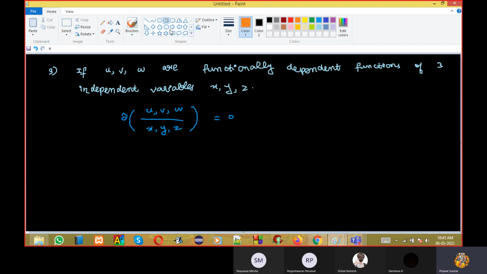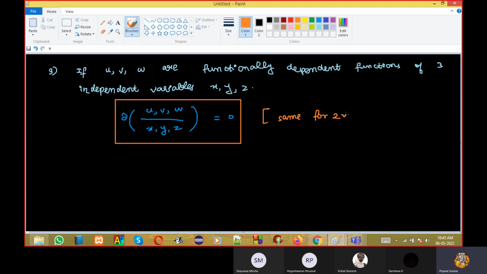The same holds for two variables also. I'll give just one example. This will hold the same in 2 by 2. Ma'am gave it in 3 variables, but you can write it for 2 variables also, not a problem.